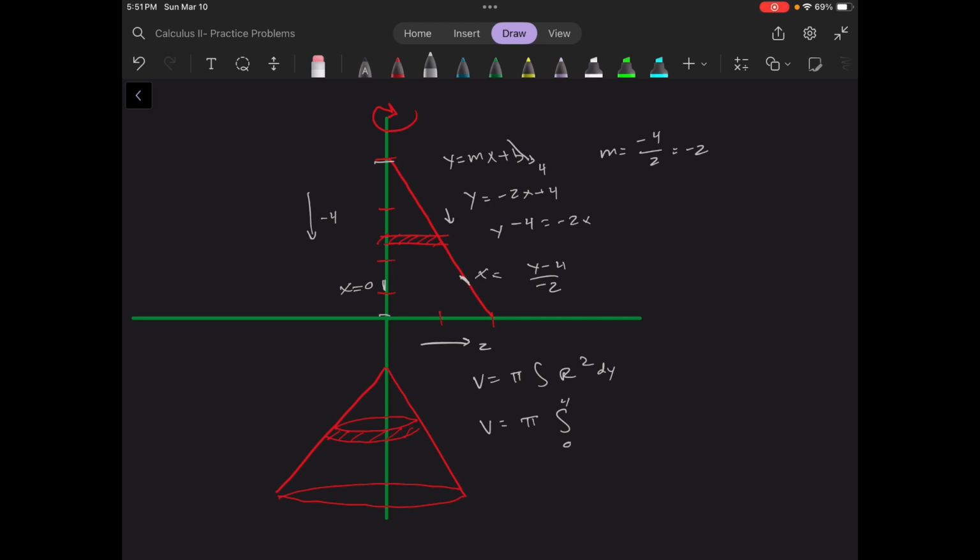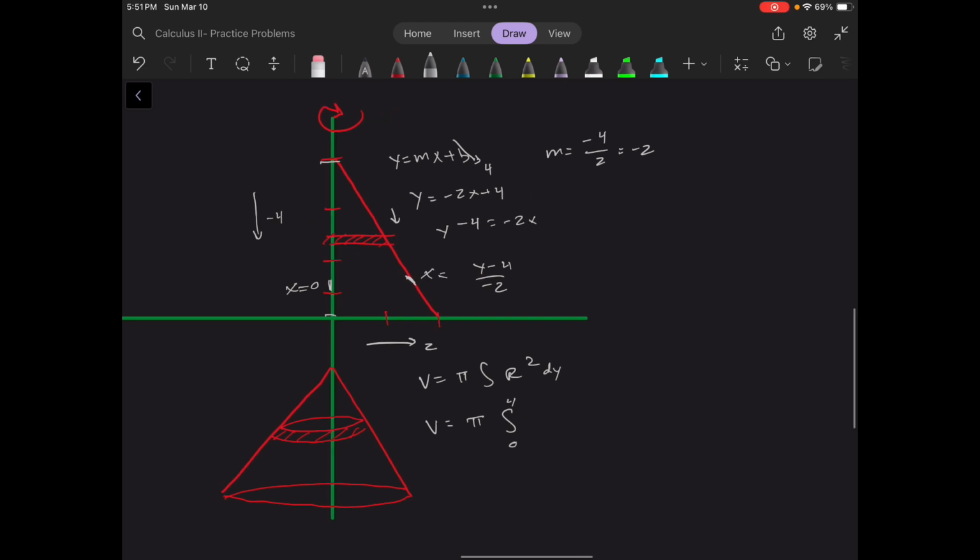This is a good radius function, but let's make sure that it's correct. Right here, y equals 0, right? What is the radius? The radius goes from here all the way to here and is 2. So let's plug that into our radius function. Plug in y equals 0, and we get -4 over -2, which is positive 2.